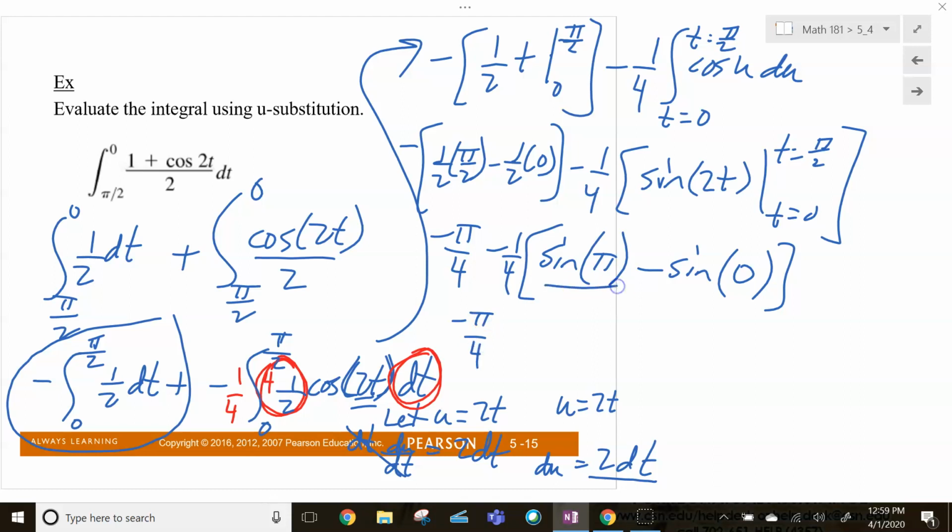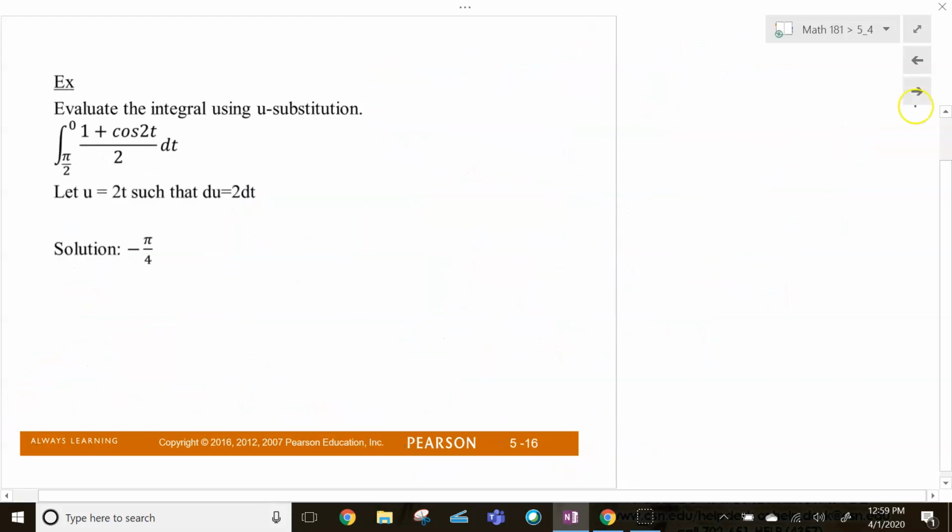And then the sine at pi is 0. Sine at 0 is 0. So 0 minus 0 is 0. 0 times negative 4th, 0. So this just ends up being negative pi fourths. Negative pi fourths minus 0. Right?